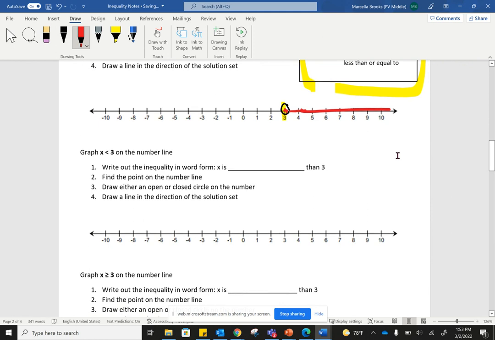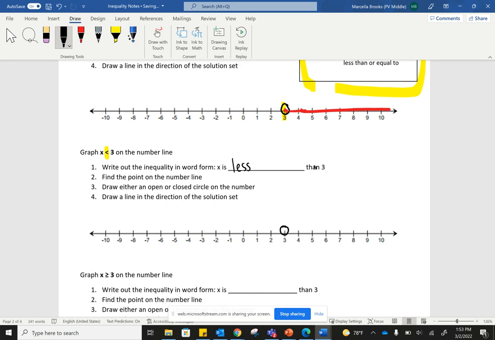Next one. So we look at our inequality, what does that mean? That means x is less than 3. So we find 3 on the number line. It's going to be an open circle.